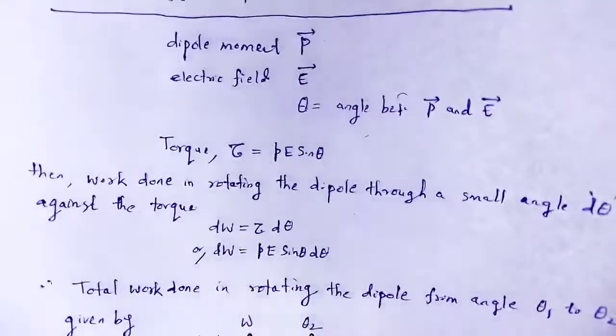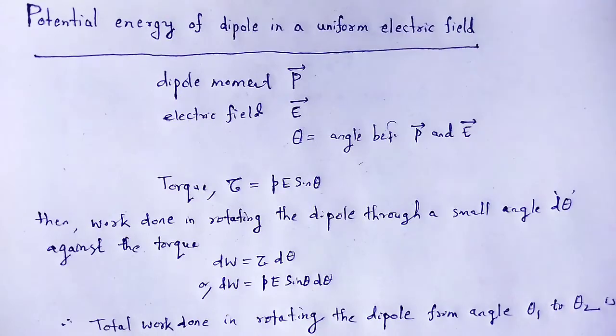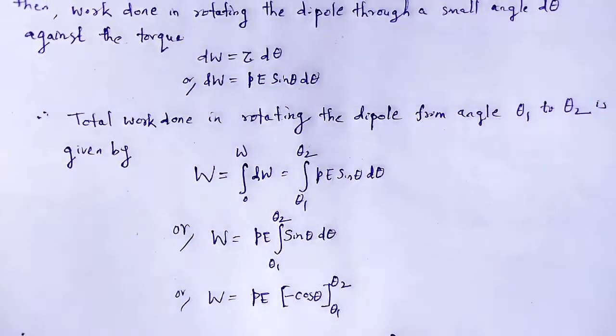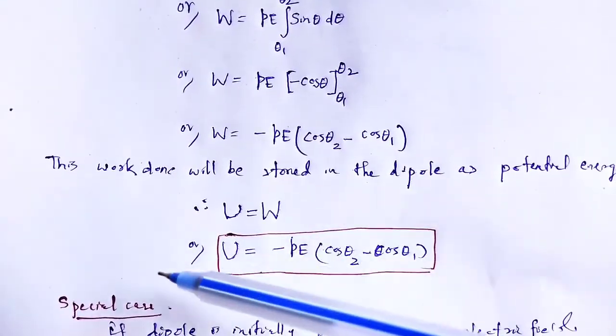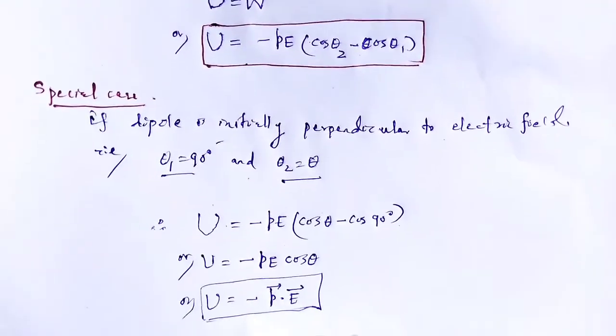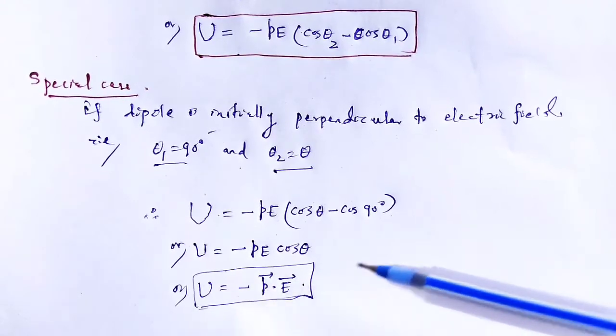And last, we discussed the potential energy of a dipole when it is placed in a uniform electric field, and treated a special case when the dipole is perpendicular to the electric field.